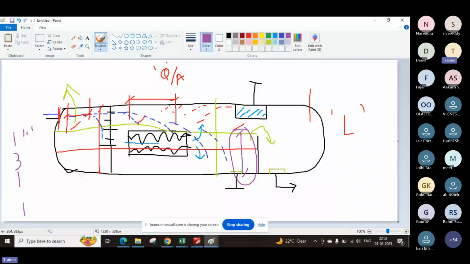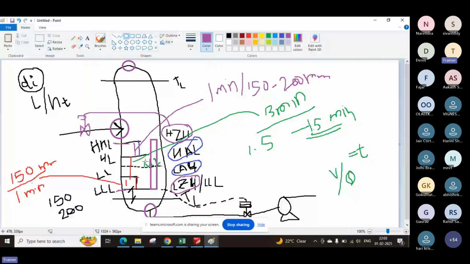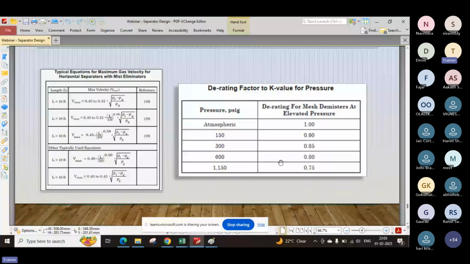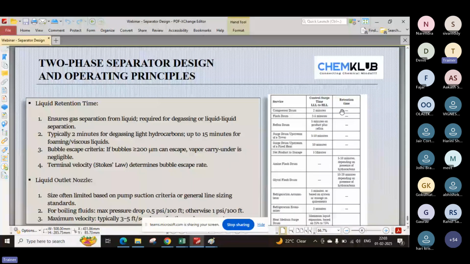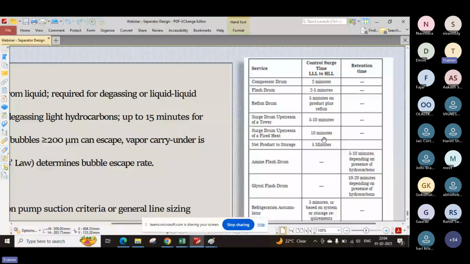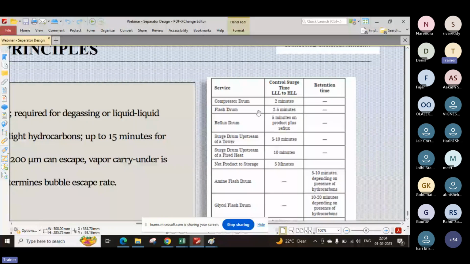Yeah, liquid level heights are based on the two criteria. One is the time limit and one is the gap between the two intervals. Generally, as per this GPSA, they have given some minimum time limits based on the service or application where your drum or vessel has been used.